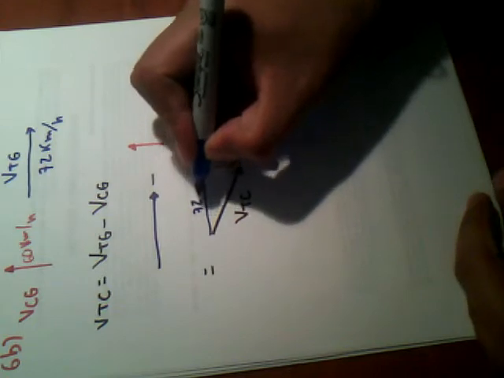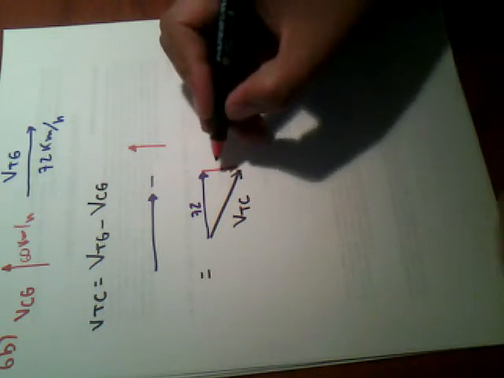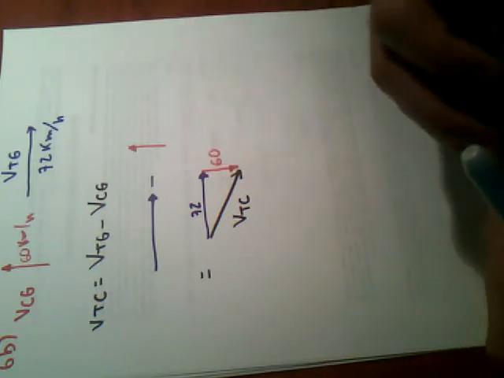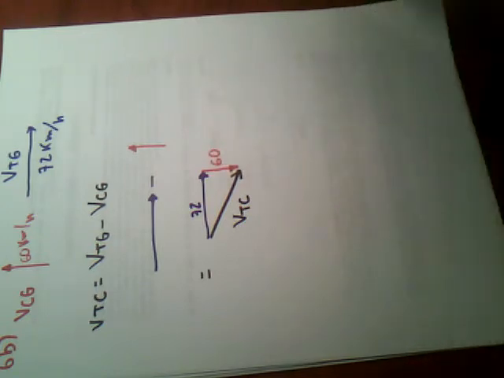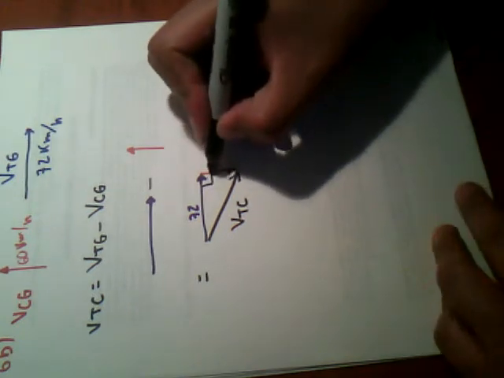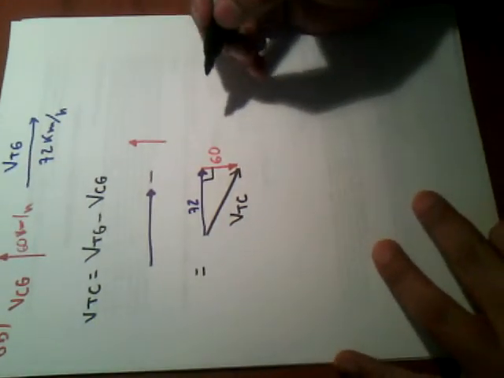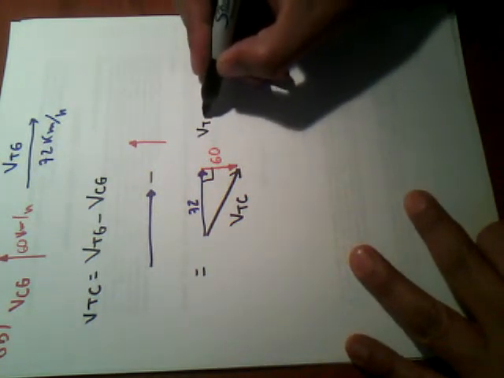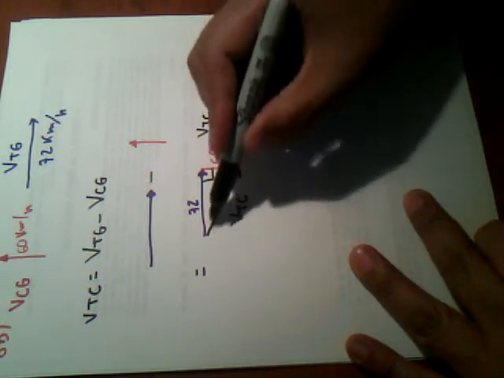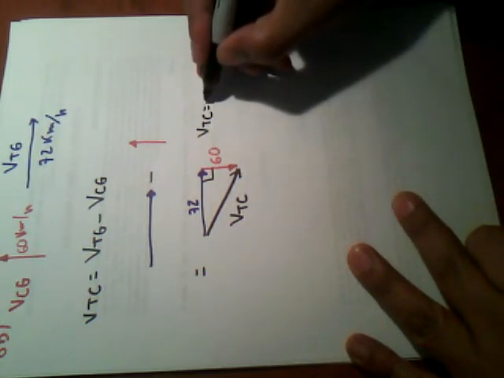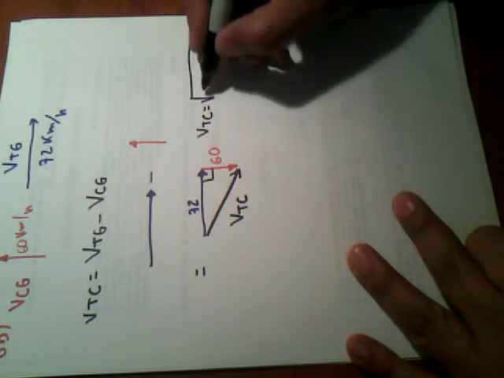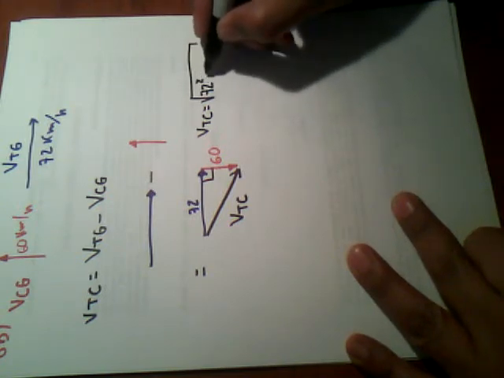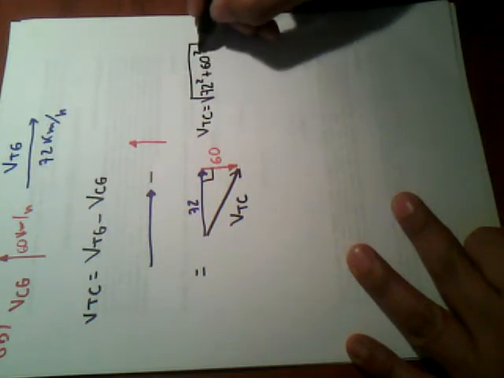So I know that this velocity is 72 kilometers per hour. I know that this velocity over here is 60 kilometers per hour. So because this is a right triangle, the right angle is here, I can use Pythagoras theorem and say that the velocity of the truck relative to the car, that is the hypotenuse of this triangle, will be equal to the square root of 72 squared plus 60 squared.